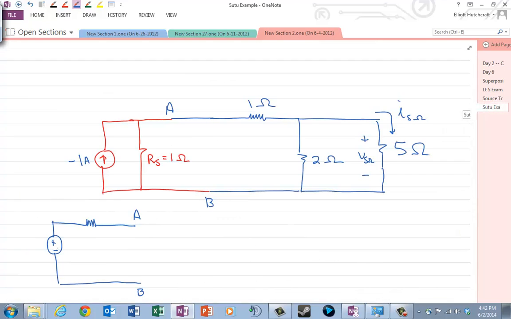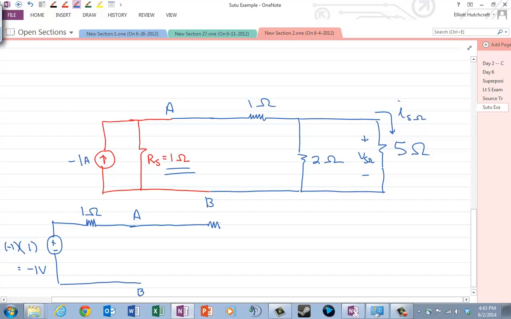So that's going to be minus 1 times 1. So it's going to be minus 1 volt, and we're going to move the RS that was right here up to being in series.